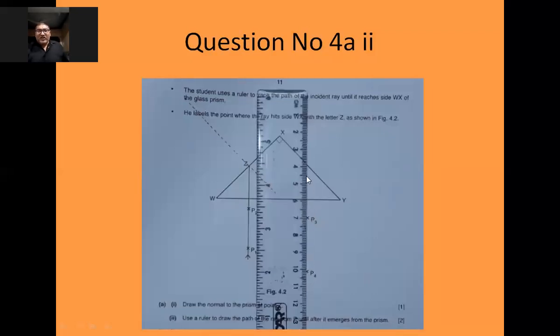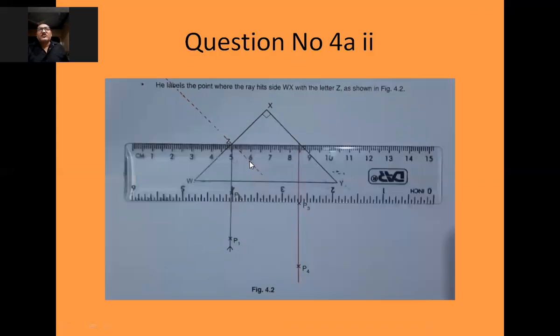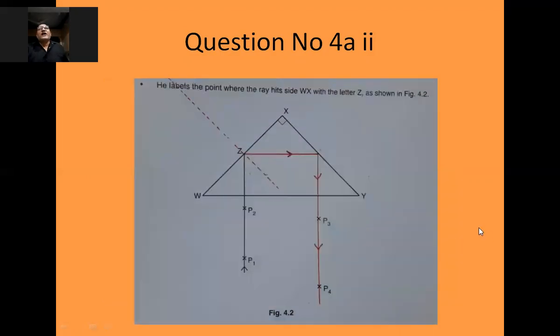I will join these crosses until they touch this position on the line XY. So here you can see that I have drawn that emergent ray, and then I will join this point with this point with the help of a ruler. So you can see I have placed a ruler here, and then I will draw a line here. So here you can see I have drawn that line. So this is the path. This is how that path will be formed.